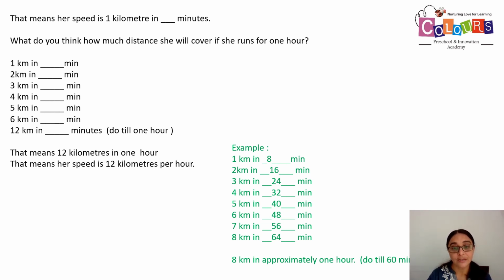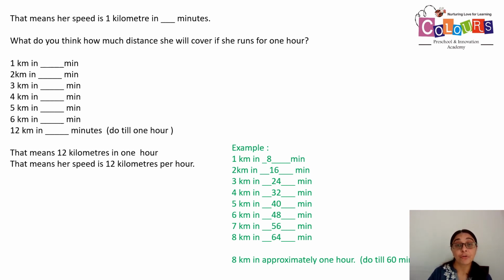Or you can go step by step and come to the conclusion that in 56 minutes 7 kilometers, or in 64 minutes 8 kilometers. So in this, just the knowledge of the 8 table can also help, or even the child can add on the minutes, like 8 plus 8 is 16, and the addition method also can be used to derive this time and the kilometers.